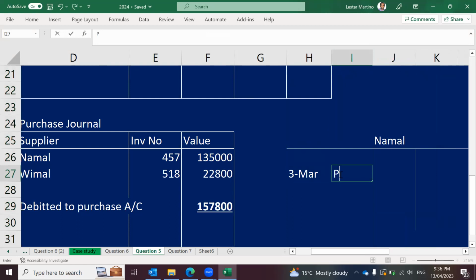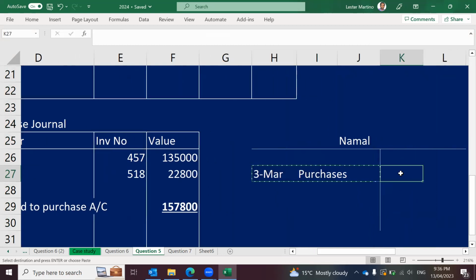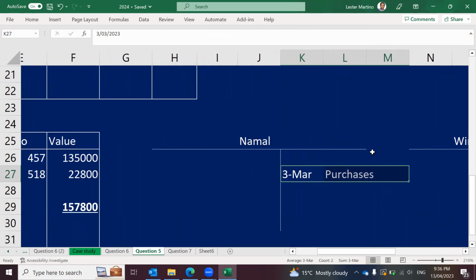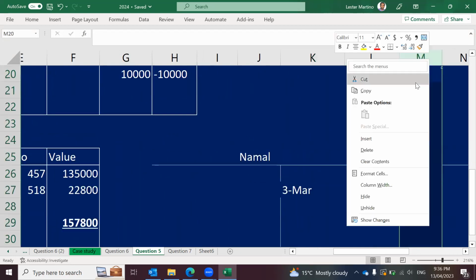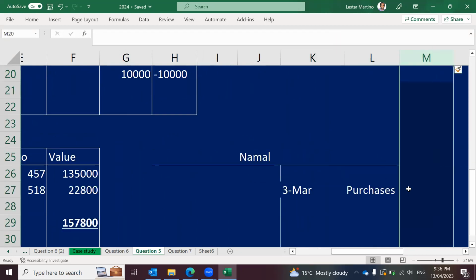You write down purchases. Sorry, other side, my mistake. 135,000.